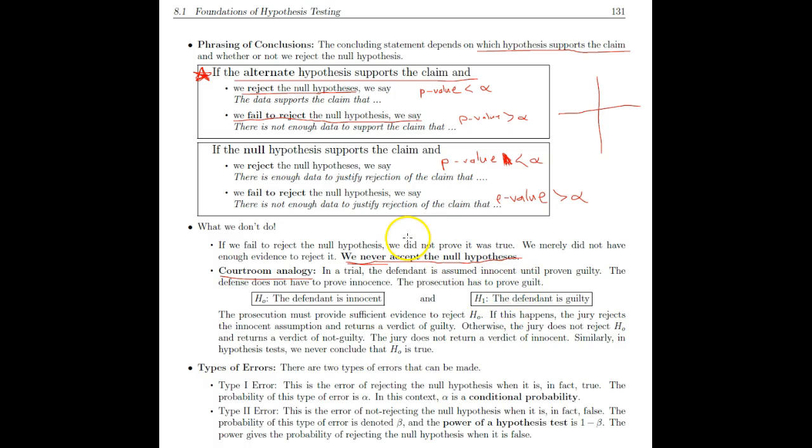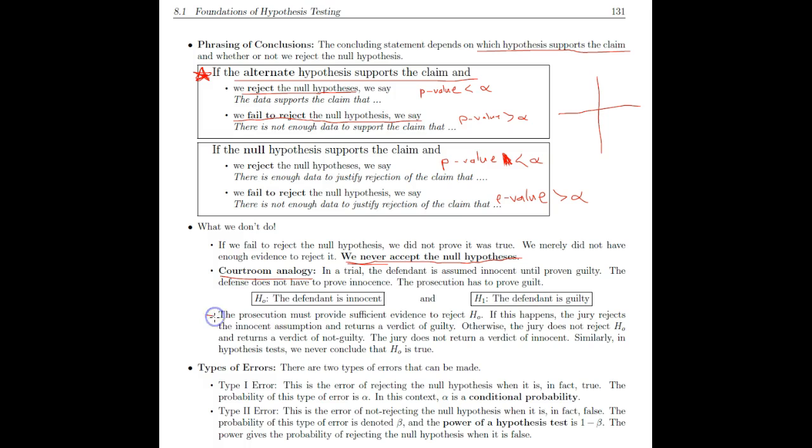And that's kind of how we're going to treat these hypothesis tests, where the null hypothesis is kind of the defendant. Proving the null hypothesis to be true is just never done. The end result is you either reject the null hypothesis or you don't reject it.